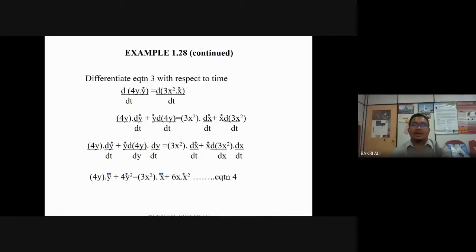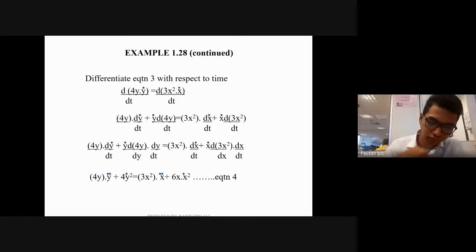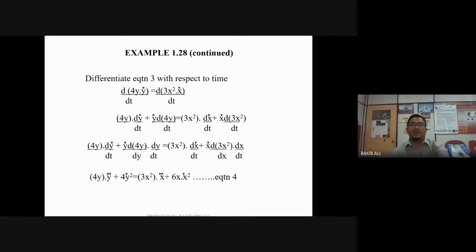And on the right hand side, dx squared: x double dot plus 6x x dot. So x double dot plus 6x x dot squared. So this is the equation of the velocity and acceleration function in the y-axis.